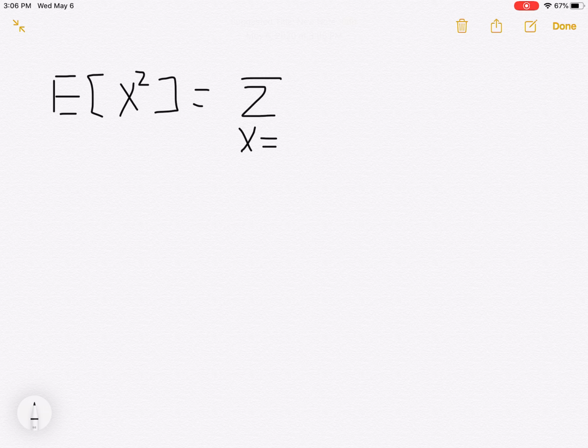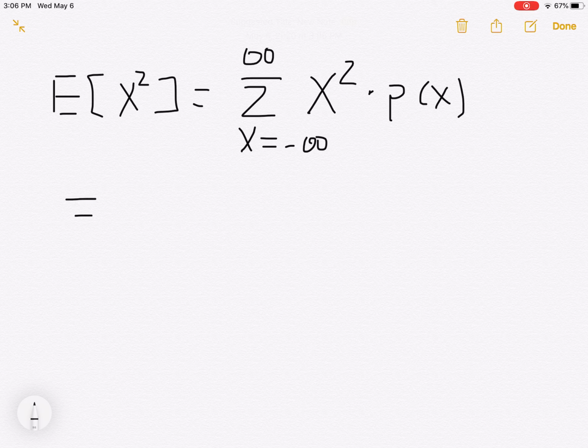Now, the expected value of x squared, its definition is the summation from x equals minus infinity to infinity of x squared times p of x. And going back to the data that we have, x can range from 0 to 3.